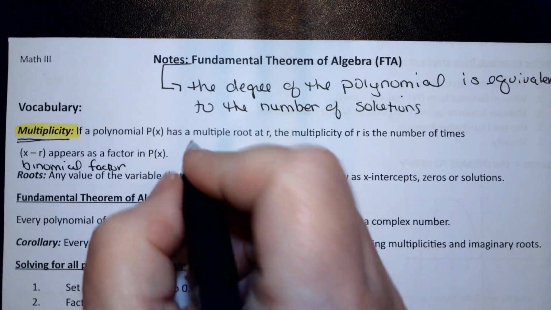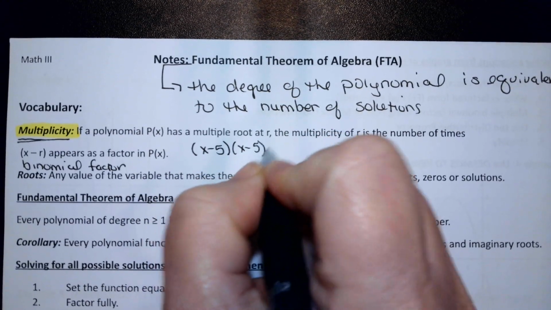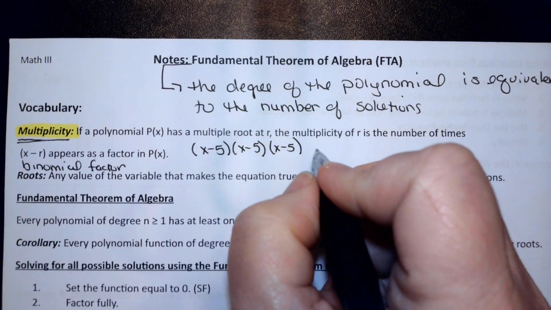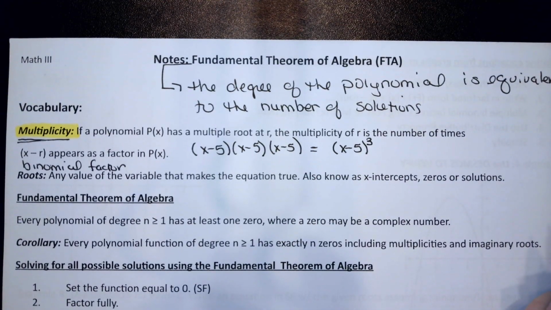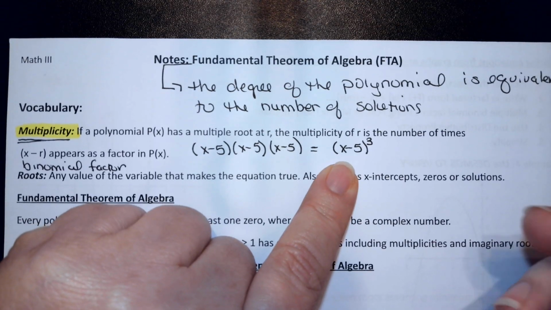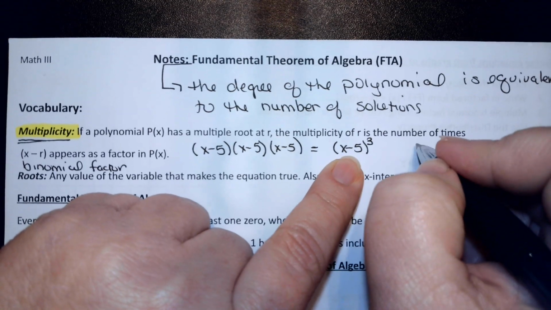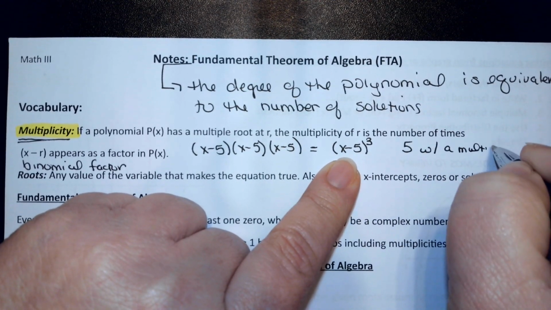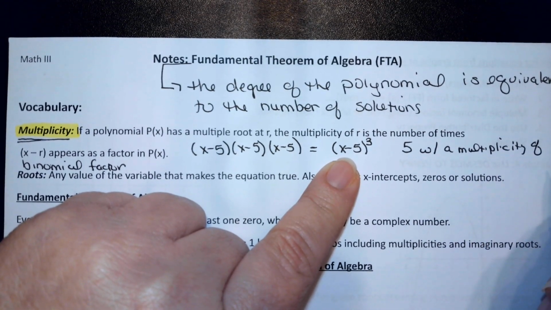Alright, so what this is saying is that if we had x minus 5 times x minus 5 times x minus 5, we are using that 3 times. So that would be the same thing as x minus 5 to the third. Alright, so that's how you would write the binomial factor, but if we were going to talk specifically about the root, we would say that your root is 5 with a multiplicity of how many times we used it.